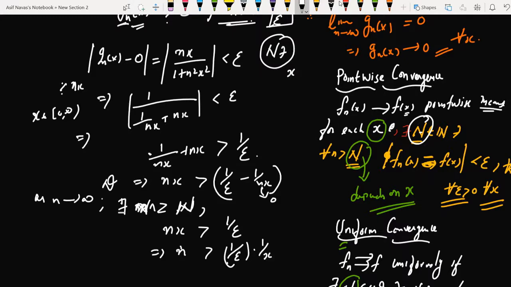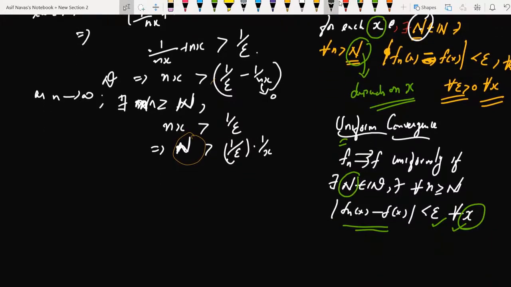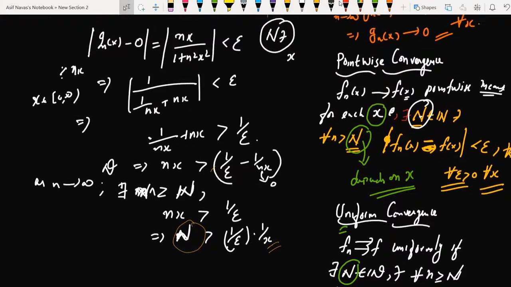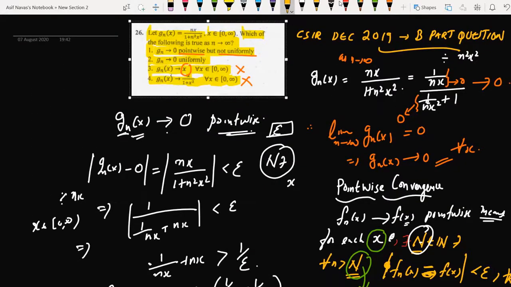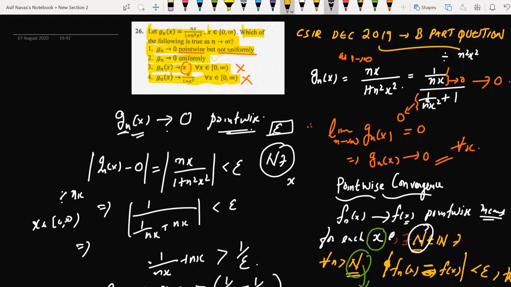But this n depends upon x. Therefore this is not uniformly convergent. So it is pointwise convergent but not uniform, so the first answer is correct.